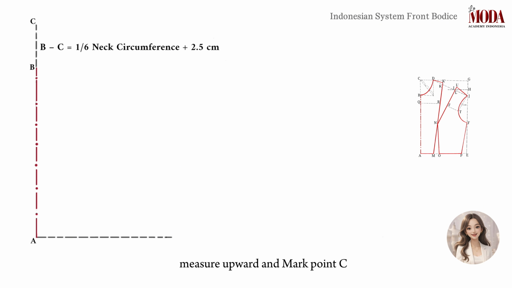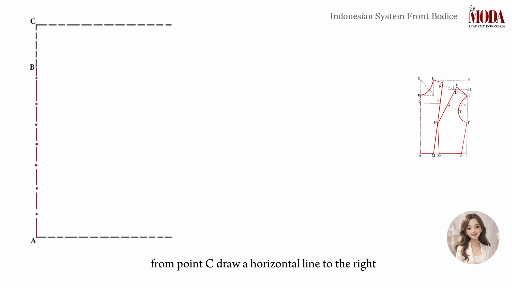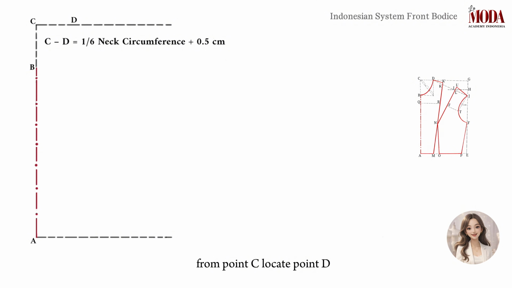Measure upward and mark point C. From point C, draw a horizontal line to the right. From point C, locate point D. The distance from C to D is 1/6 of the neck circumference plus 0.5 centimeters. Measure to the right and mark point D.